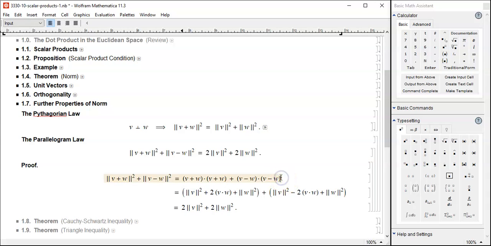So from the left-hand side, scalar product of itself, scalar product of itself. You can foil it out: v dot v, that's norm of v squared, and then v dot w and w dot v, the middle part, and last, w dot w, that's norm of w squared.